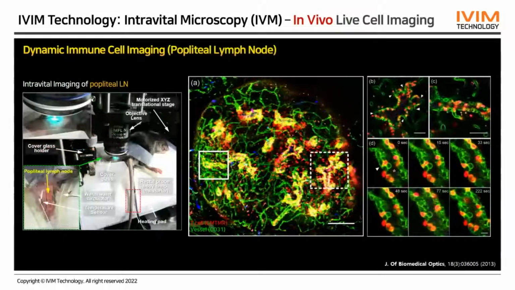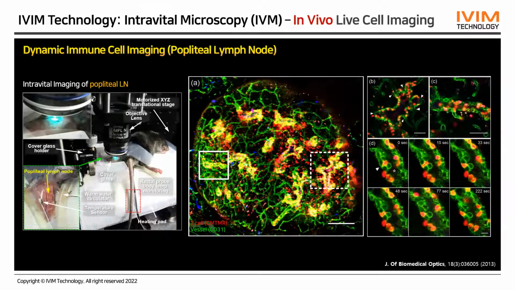This is the result of in vivo imaging of the popliteal lymph node, visualizing T cells and vascular endothelial cells in HEV. A is the mosaic image of a whole popliteal lymph node showing the distribution of the T cells in red and vasculature in green in the cortical side of the popliteal lymph node at 1 hour after the transfer of the T lymphocytes.